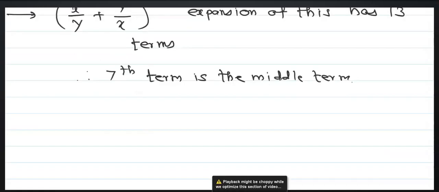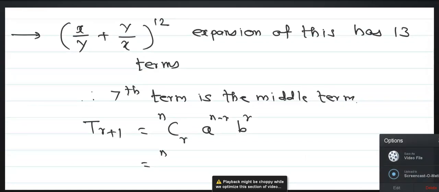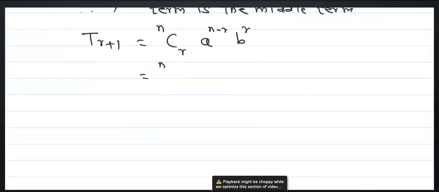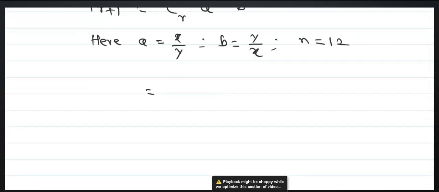Now the seventh term is the middle term because n is an even number. The formula is T(r+1) equals nCr a^(n−r) b^r. We substitute here n is equal to 12. That is 12Cr, a is equal to x/y, b is equal to y/x.